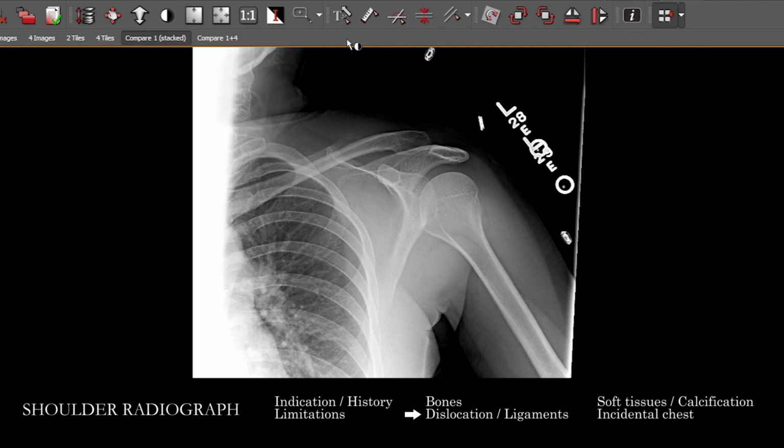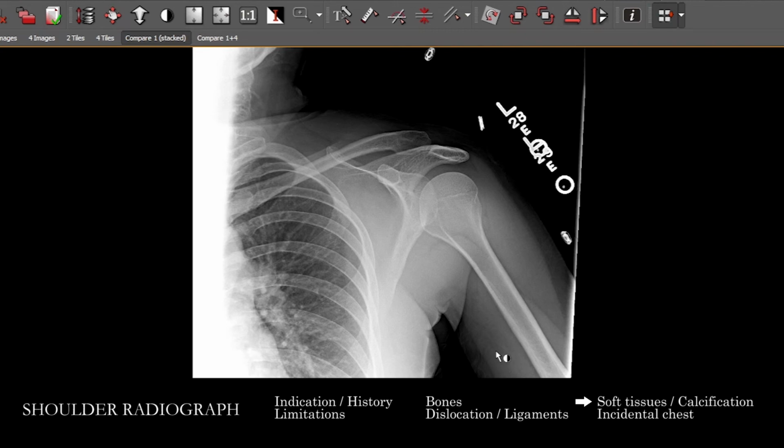And if we've already taken a look at the osseous structures, just be cognizant that not all osseous abnormalities are fractures or obvious destructive lesions. So we need to look very closely at everything there.